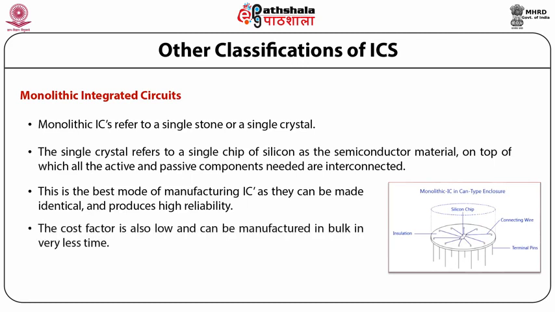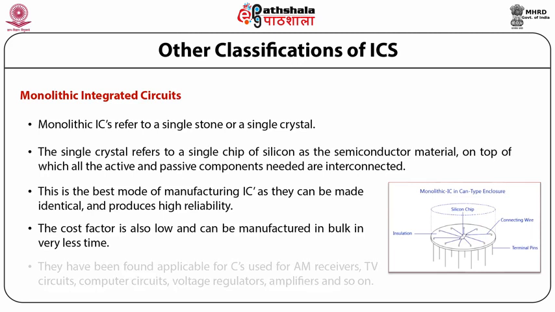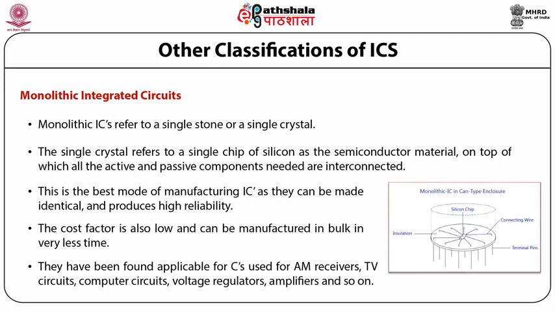The cost factor is also low and they can be manufactured in bulk in very less time. They are applicable for ICs used in AM receivers, TV circuits, computer circuits, voltage regulators, amplifiers, and so on. A schematic of the monolithic IC in can type enclosure is shown here.